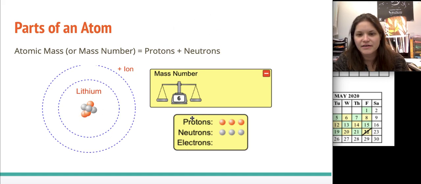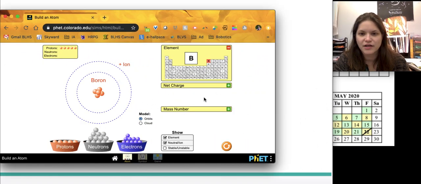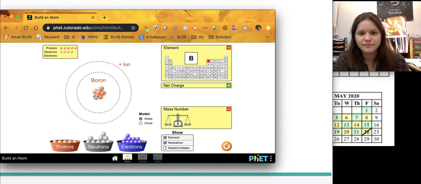So as we add more neutrons, we're increasing the mass of our atom, but we are not having any effect on the actual identity. So if we look at that mass number, right now we're at boron, atomic number 5. It has a mass of 5. As we add neutrons, that is increasing the mass, but we still have boron.